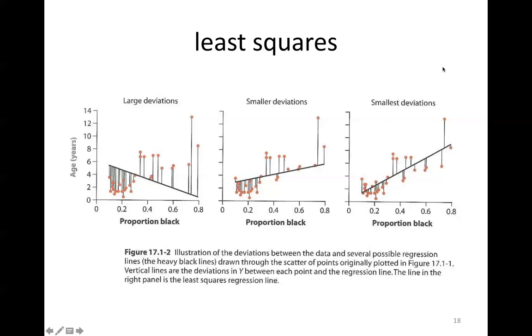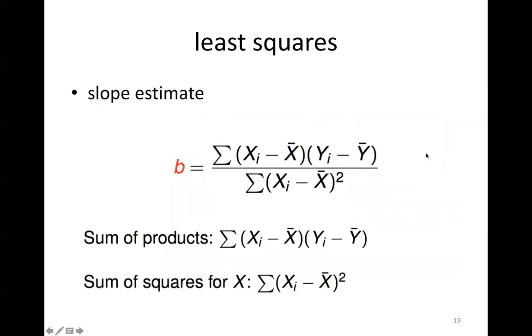Okay, so how to get this line? Well, we need an estimate for the slope and an estimate for the intercept. And the slope estimate goes as follows. Here is the slope estimate. It's the sum of products, just like we had in the correlation coefficient.